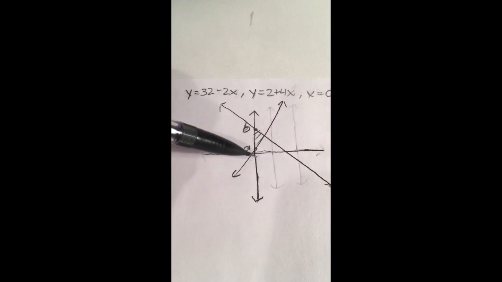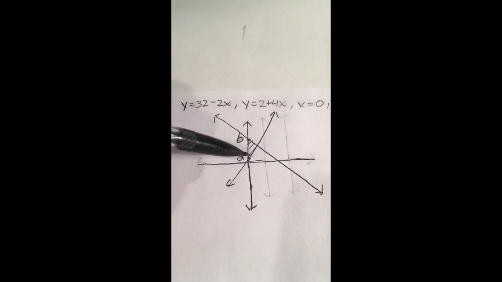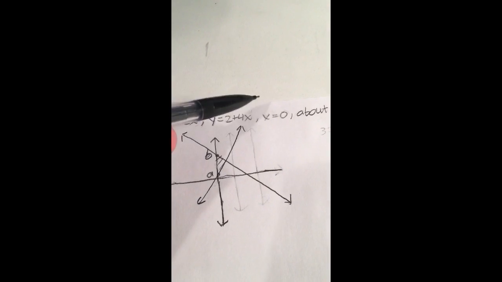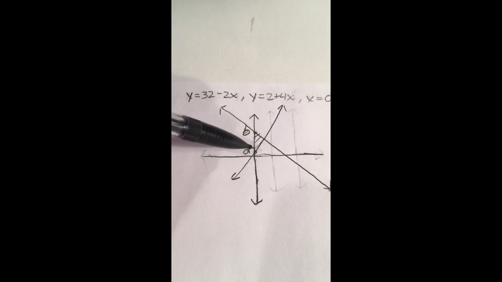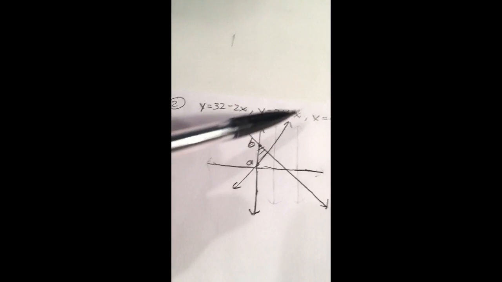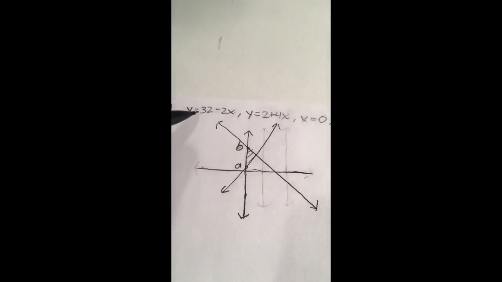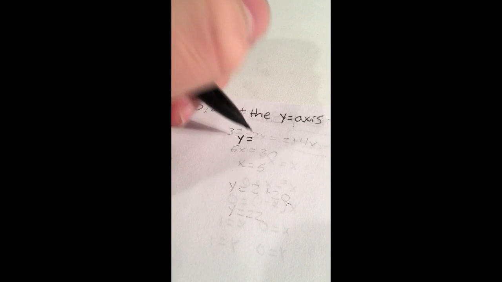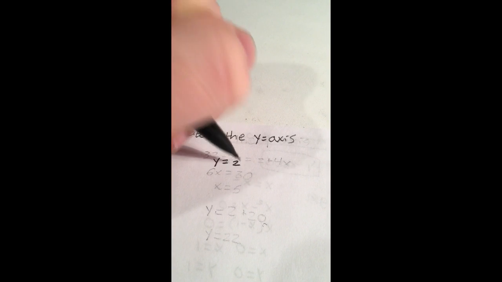We're looking for the intersection of each line with x equals 0. So we're just going to substitute in 0 for x in both equations. For 2 plus 4x, y is just 2. And for 32 minus 2x, y equals 32.